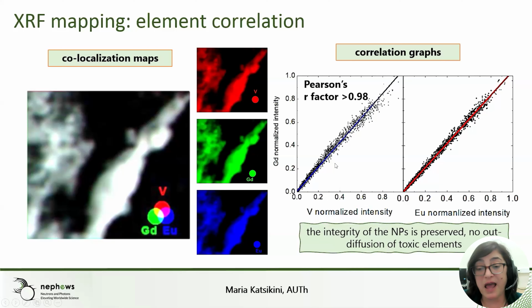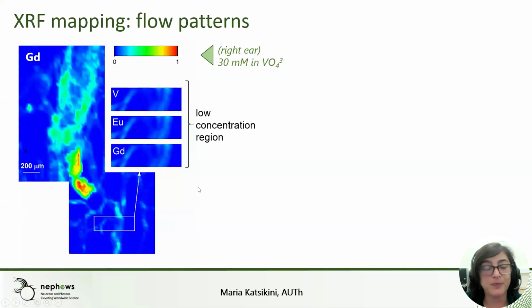We observe here a very good linear correlation with correlation factors higher than 0.98, which is an additional indication that gadolinium, vanadium, and europium are co-localized. This means that the integrity of the nanoparticles is preserved and we don't have out-diffusion of toxic elements.